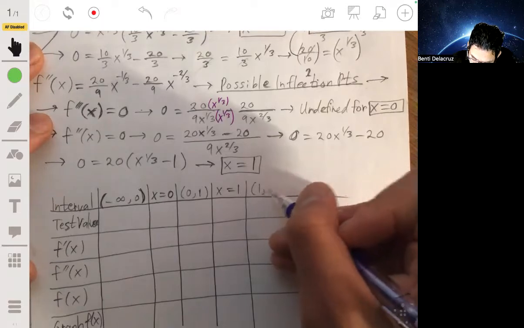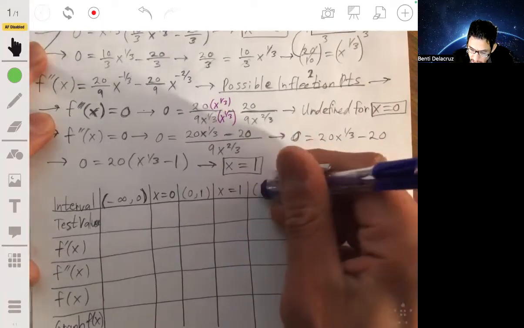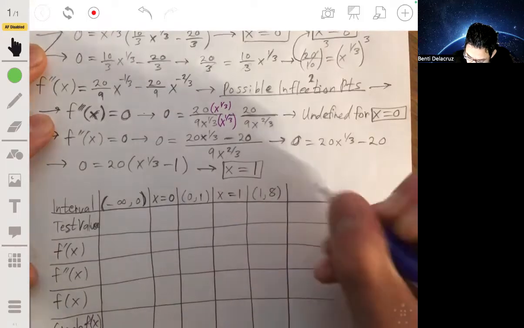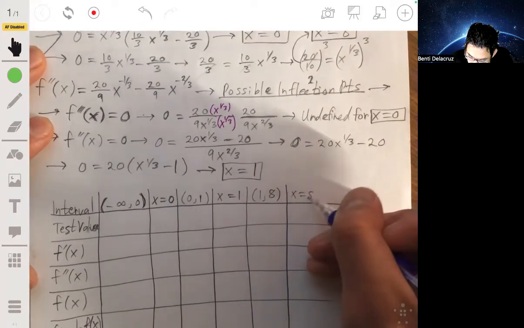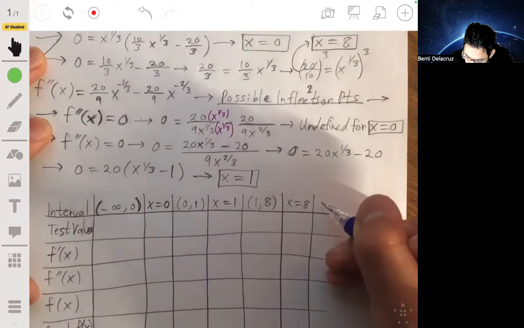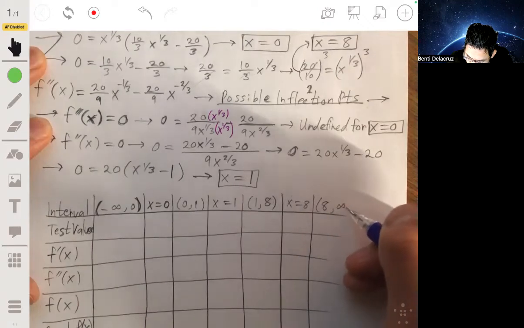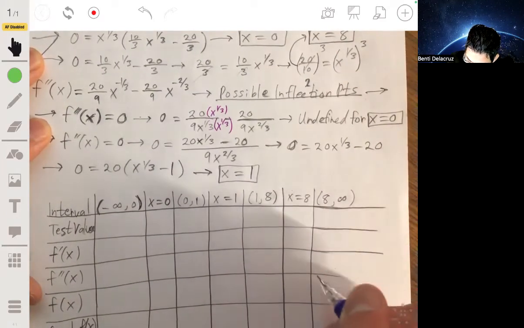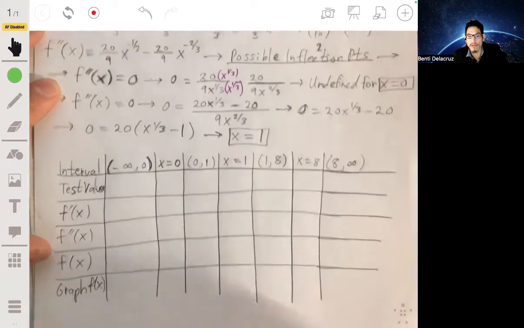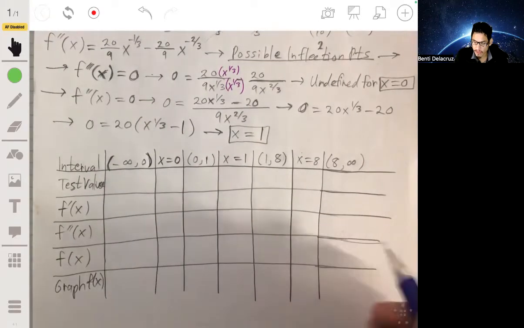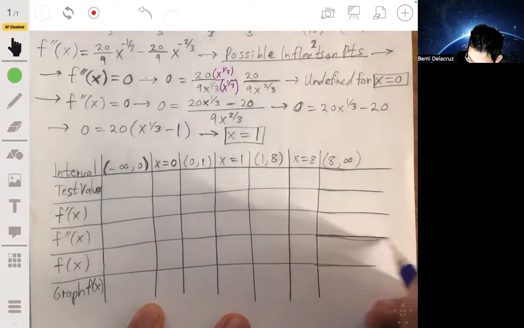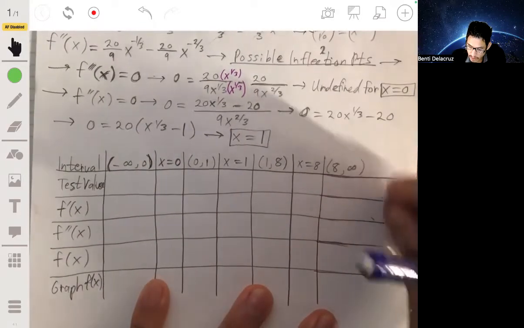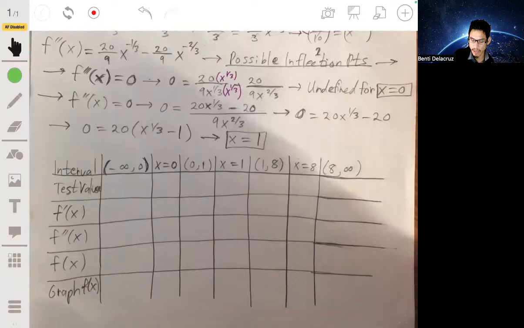Then we go from 1 to 8. That's not an 8, that's an infinity. That's an 8. And then we're going to leave a column for x equals 8. And then we go from 8 to infinity. In this super cool table, you're going to see the whole thing all together. One user friendly matrix sort of thing.